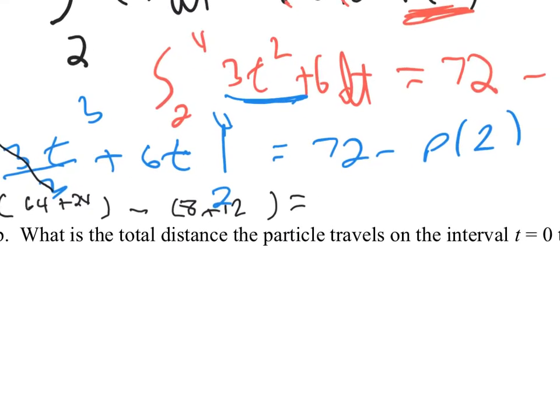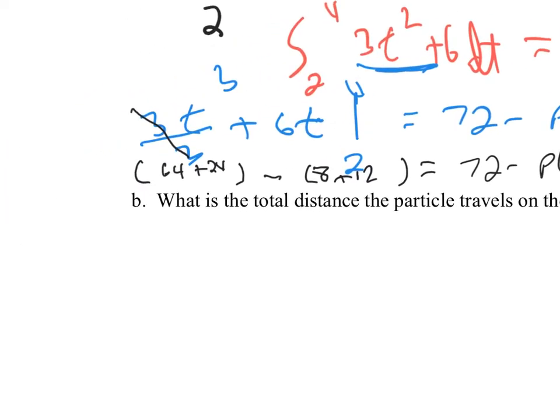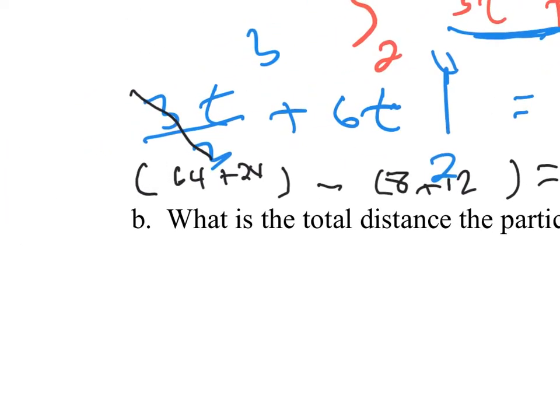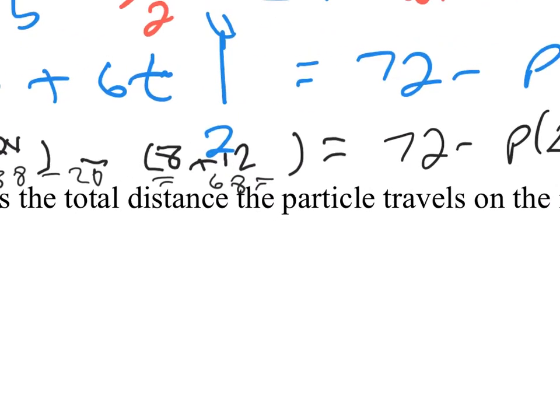And that altogether will be equal to 72 minus position at 2. 64 plus 24 is 88. Minus 8 plus 12 is 20. That would be 68, which is equal to 72 minus P of 2.